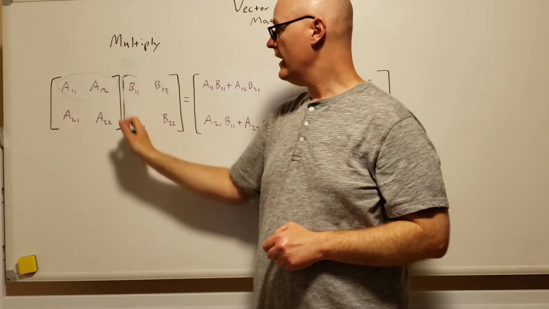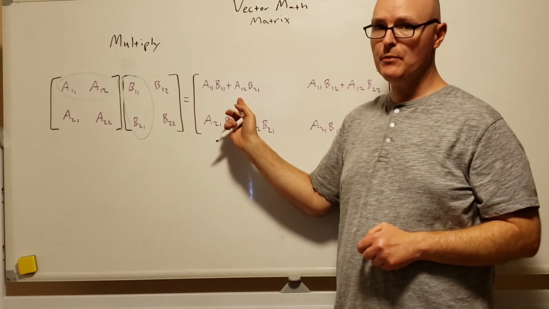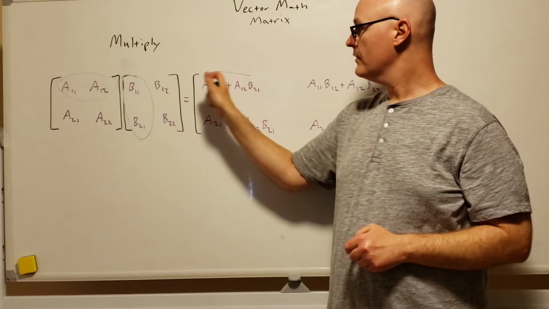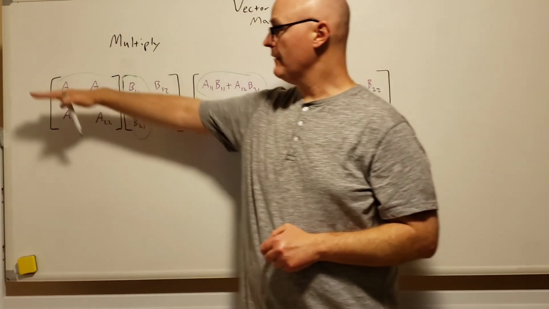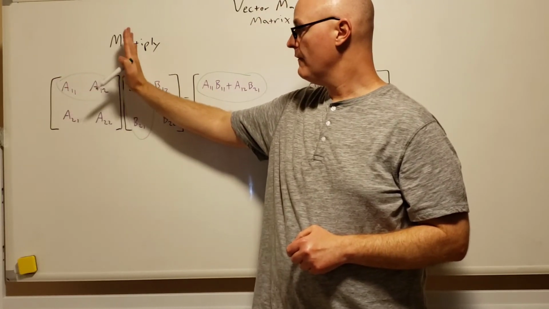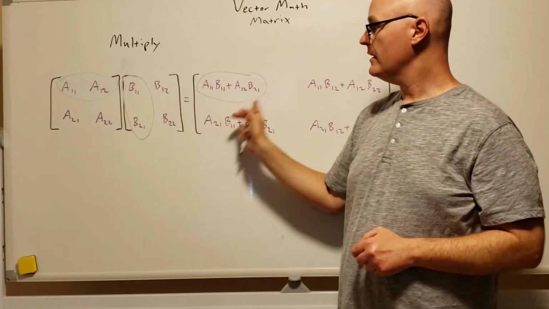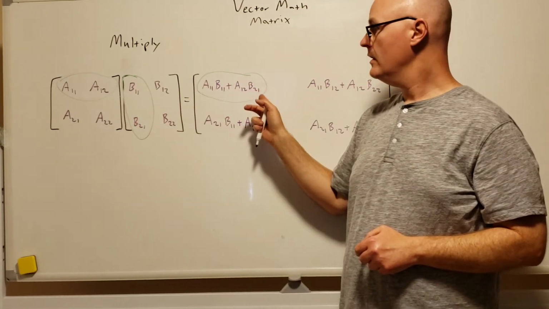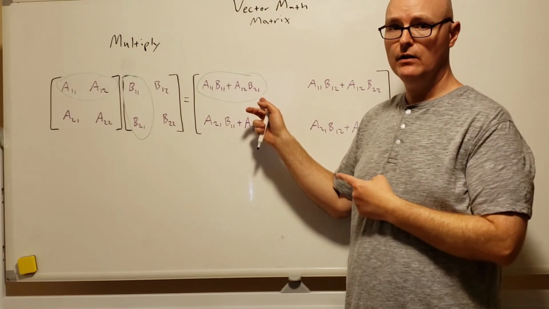So I will take this and dot it with this to get the inner product of this position. So I take the first row, dot product with the first column, which gives me the value that is in the 1, 1 position of the answer.